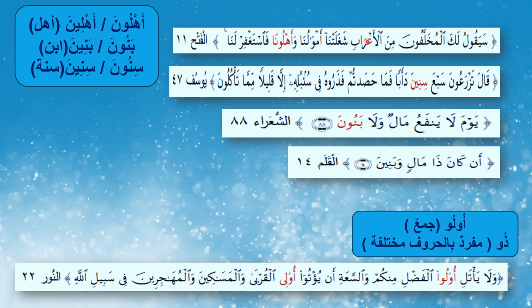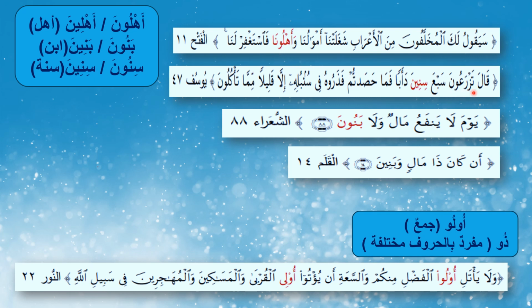So let's see the examples from al-Fath. Here سيقول لك المخلفون من الأعراب شغلتنا أموالنا وأهلنا. So here you can see it with the waw, and now فاستغفر لنا. As you can see it's in marfu case with the waw أهلون.